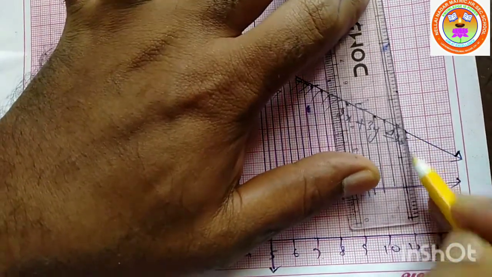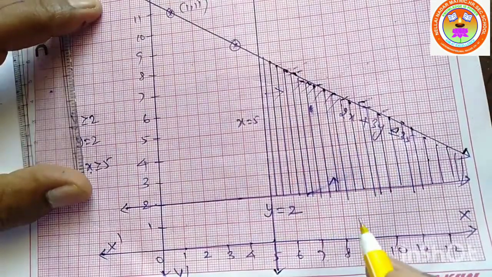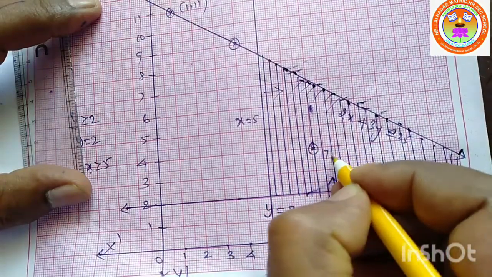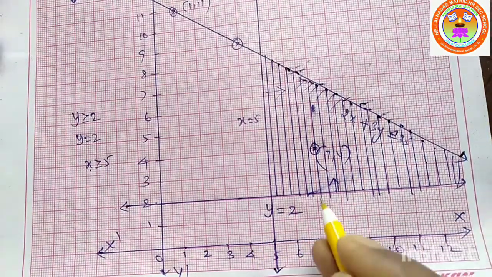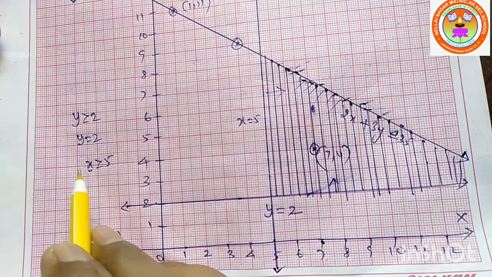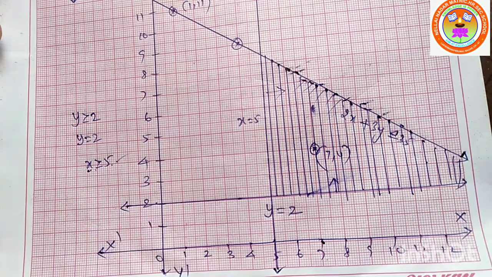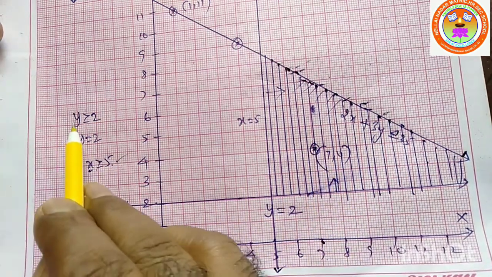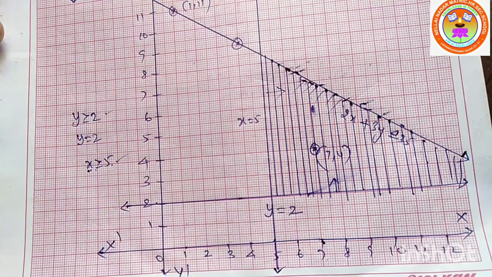The reason is, if we take some values in the shaded region, for example, x value 7 and y value 4, that is (7, 4). If we apply x is equal to 7, 7 is greater than or equal to 5, so the condition is satisfied. y value 4 means 4 is greater than or equal to 2, so the second condition is also satisfied.